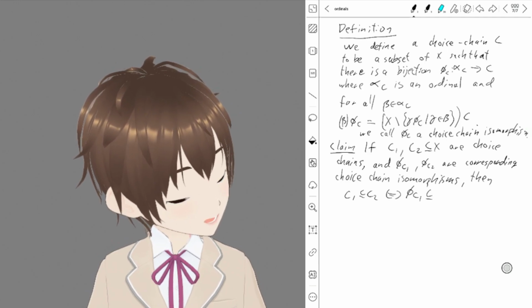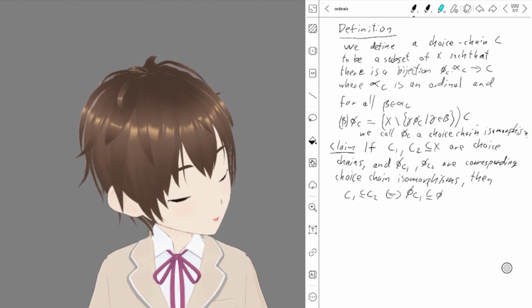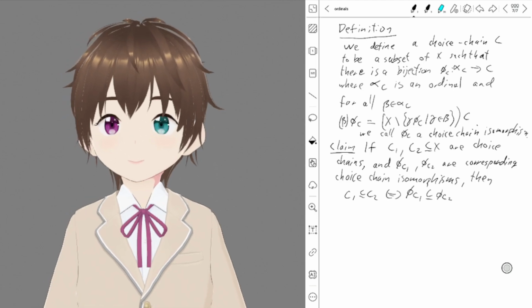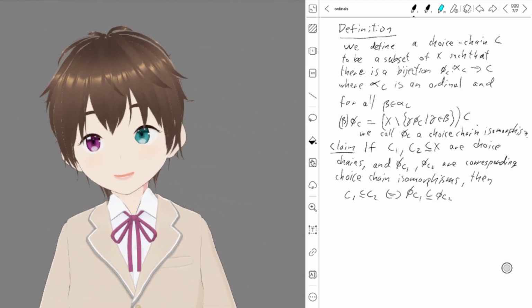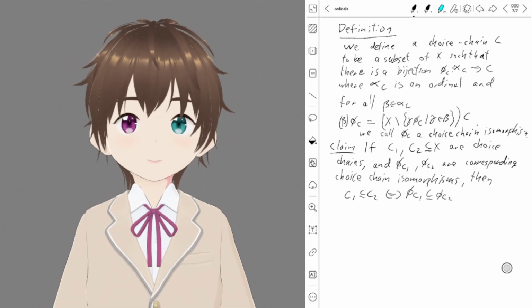And in fact, these isomorphisms are unique. So essentially finding a choice chain and finding a choice chain isomorphism are equivalent. We'll use this to make our biggest choice chain at the end.